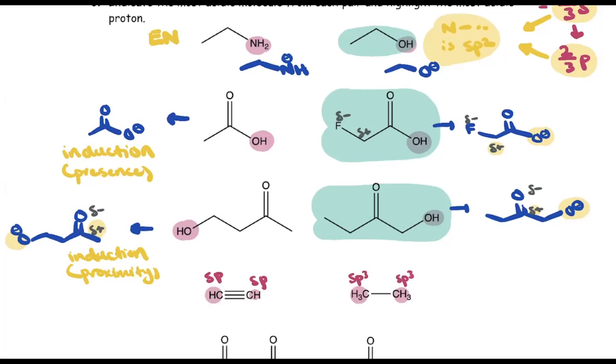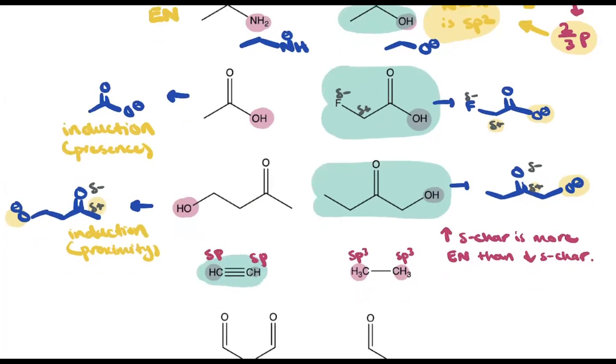Because we have sp versus sp3, you know that greater S character is going to be more electronegative than lower S character. And we can tell that sp has greater S character. So because of this, by electronegativity and hybridization, the acetylene's proton ends up being more acidic.